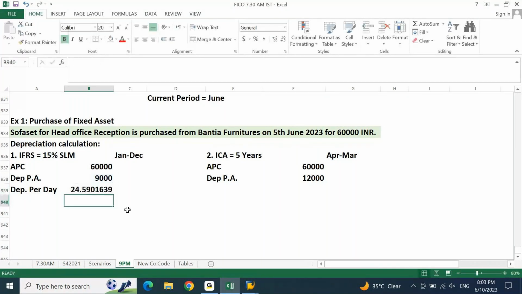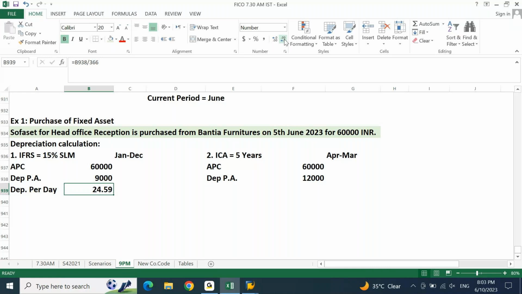The reason is that in my fiscal year variant we have given February 29 days. When you count the number of days in a year with February as 29, this is 366. That is the reason we are dividing this by 366. Now let me round this to 2 digits. Okay, this is your depreciation per day, 24.59.